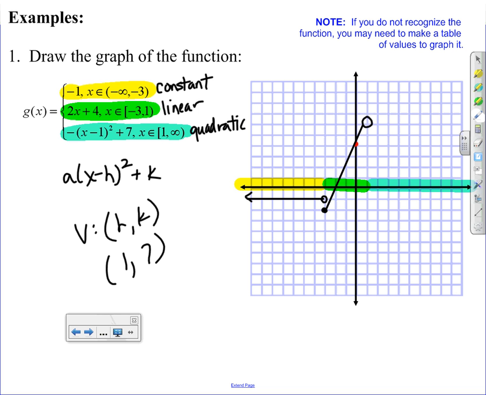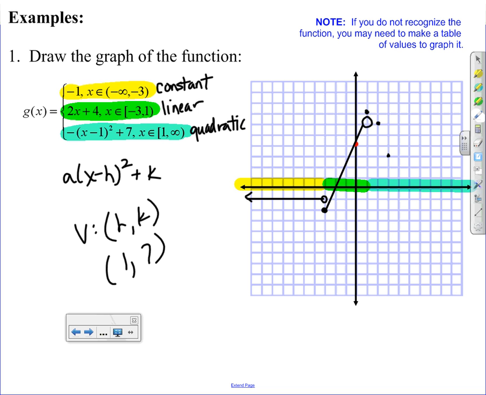For instance, if I put 1 into that, 1 minus 1 is 0, 0 squared is 0, plus 7 is still 7, so at the value of 1, it's going to equal 7, and that's a square bracket, so it would include that. Now, what if I put 2 in? Well, 2 minus 1 is 1, 1 squared is 1, negative in front, -1 plus 7 is 6, so I would be here. If I put 3 in, 2 squared is 4, minus 4 plus 7 is 3.